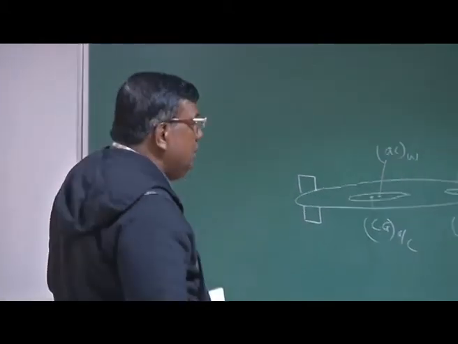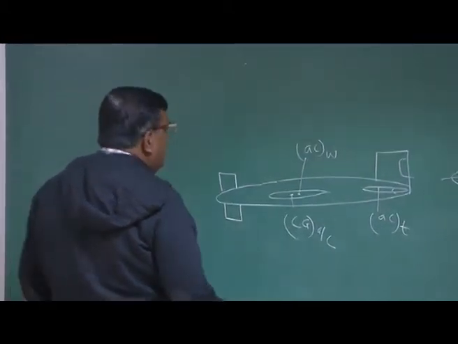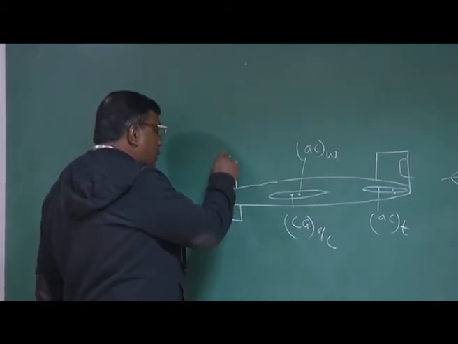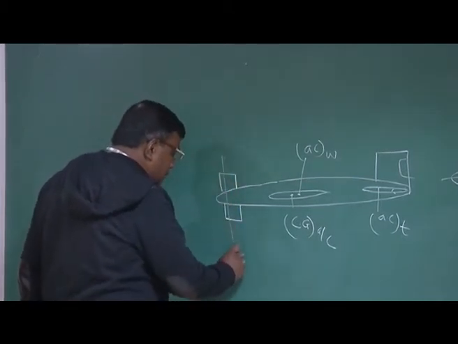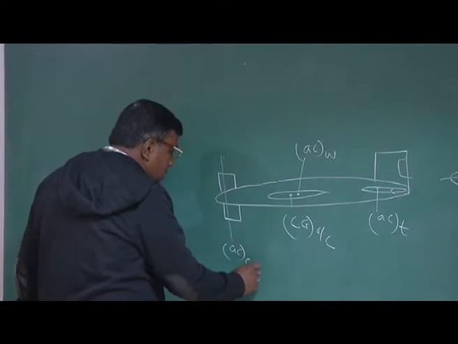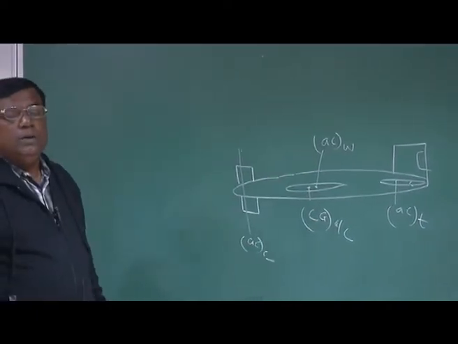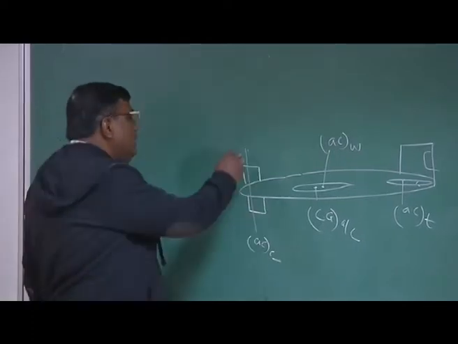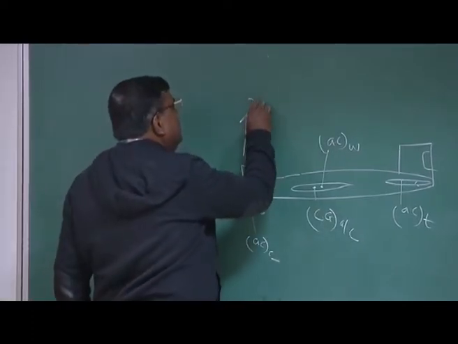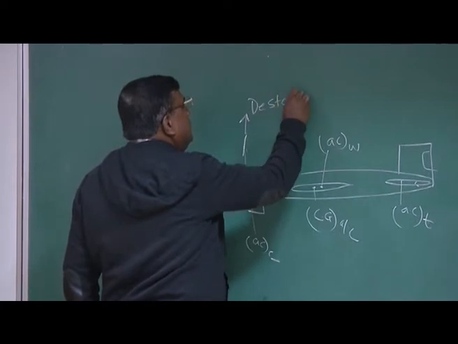How do I see it as a designer? I know that the moment it is like this, the aerodynamic center of this canard is ahead of CG of the aircraft. So what will it do? It will again give a destabilizing contribution. Clear?